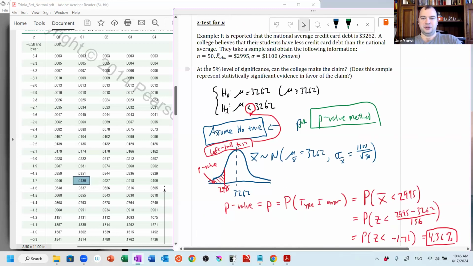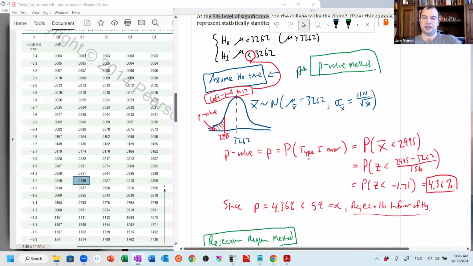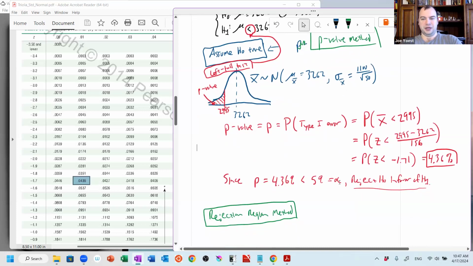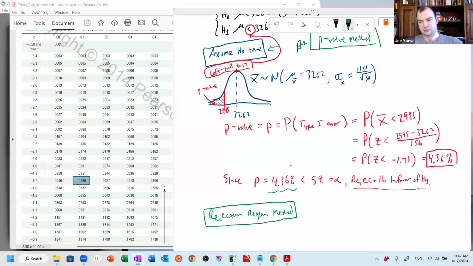So if I wanted to test one sample against several different significance levels, the p-value method would be a great option. Because when I change alpha, my 5% to say a 1 or a 10%, I didn't use that until the very last step here. So that doesn't change any of my calculations. My p-value stays the same. And then I just have to do one comparison, less than or greater than, for each new alpha.